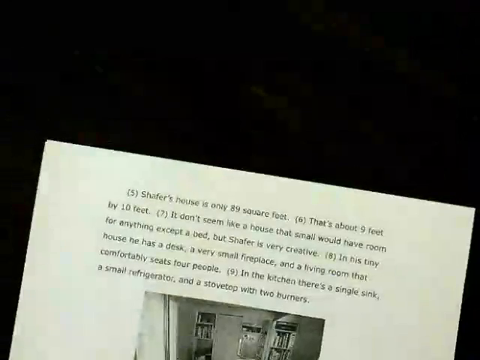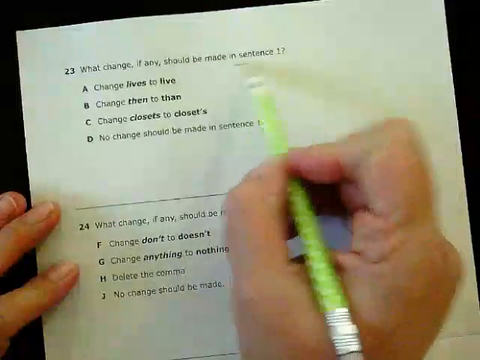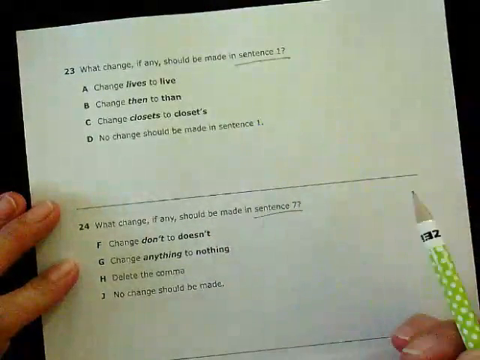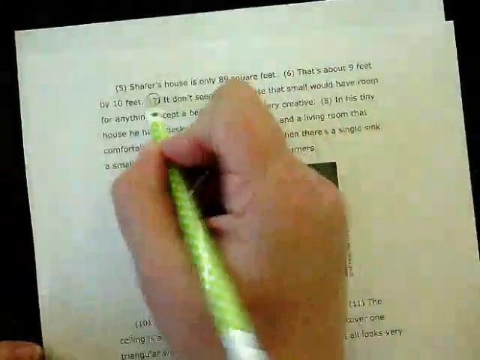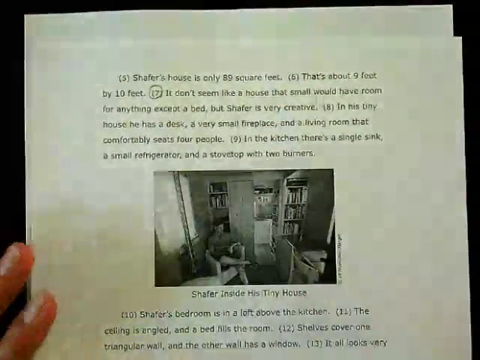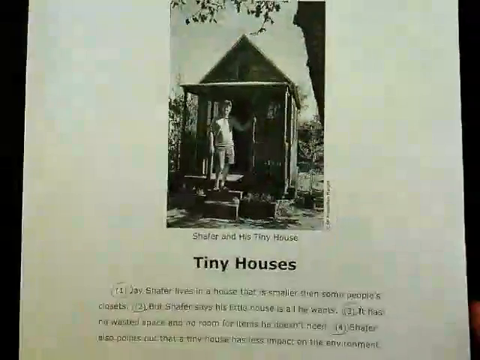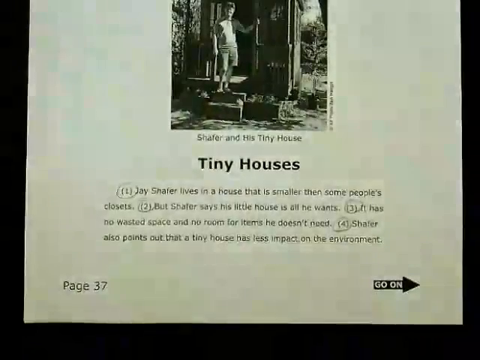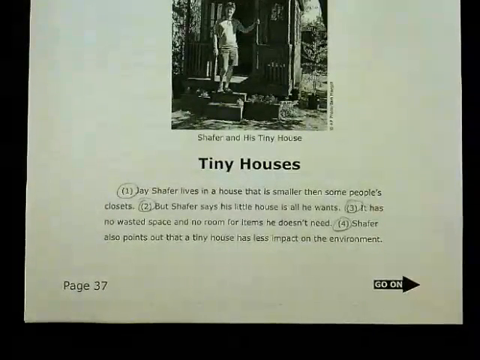And they did this for a good reason. When you get to the questions, it says in sentence 1, in sentence 7. So they put the numbers so that when you go back to look at the sentence they're talking about, it's easy to find them. That's why the numbers are there. So nothing crazy. They just numbered the sentences so it's easier to find them whenever we go back to correct Sam's work.